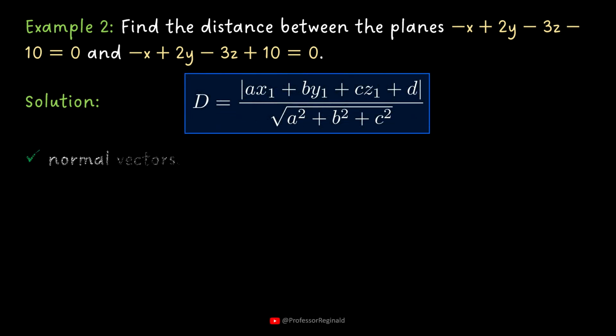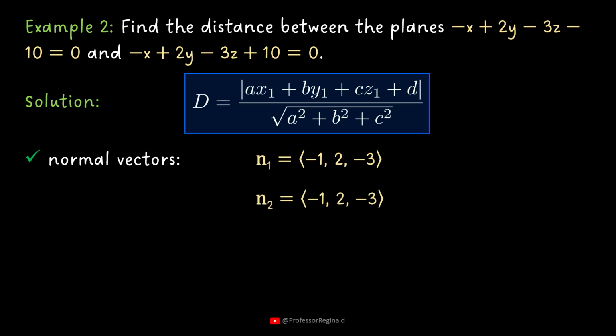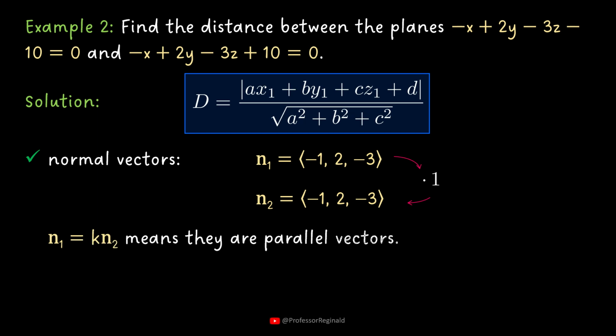The normal vector of the two planes can be extracted from the equation of each plane. They are still scalar multiples, but the scalar is just 1. It means that they are parallel vectors. So the planes are parallel as well.